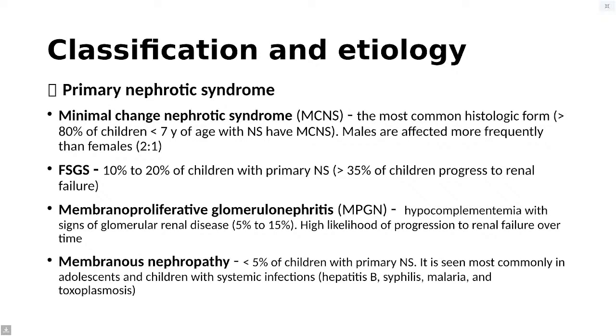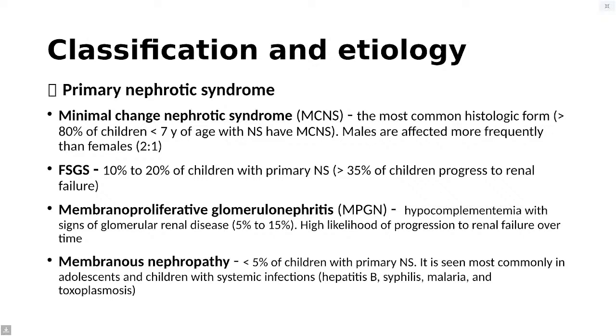What about the classification and etiology? The first kind is primary nephrotic syndrome, and there are the next groups. The first is minimal change nephrotic syndrome. This is the most common histologic form.